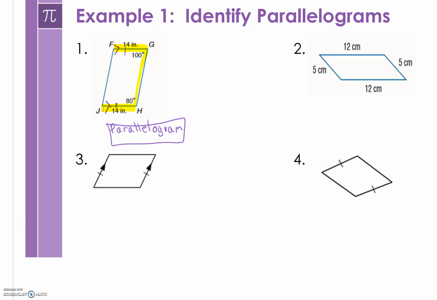So that does mean that FG is parallel to GH because those consecutive interior angles, angle G plus angle H equals 180 degrees, or those interior angles are supplementary.